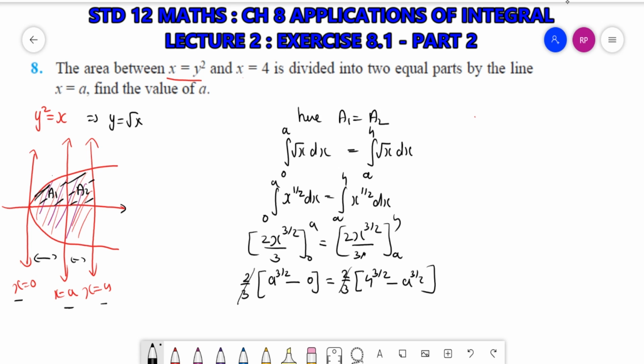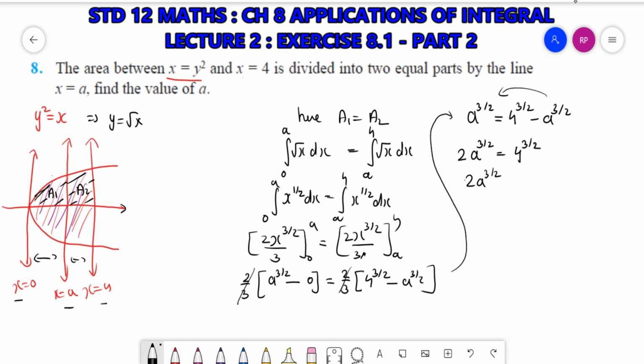So 2 by 3, 2 by 3 will get cancelled. Now I will get a raised to 3 by 2 equal to 4 raised to 3 by 2 minus a raised to 3 by 2. That goes on the other side. 2a raised to 3 by 2 is equal to 4 raised to 3 by 2. Okay, clear?